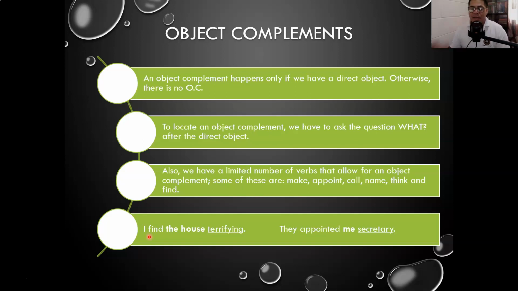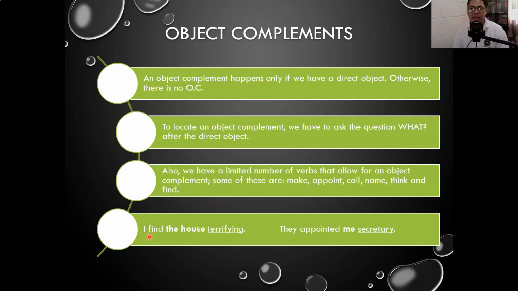Now, this is important. Do I always find an object complement if I have the right verb and if I have the direct object? Do I have by force an object complement? No, not necessarily.